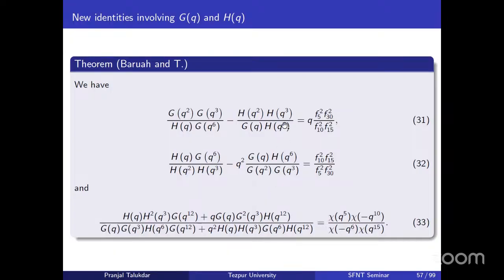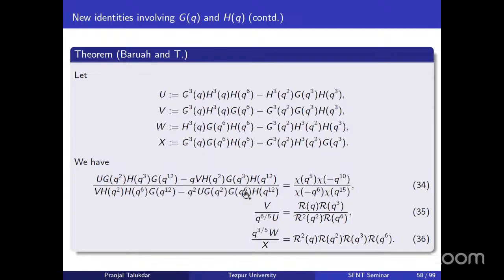In these two identities, we have connected Gq with Gq2, Gq3, Gq6, Hq, Hq2, Hq3, Hq6. Similarly, for this one, we have connected Gq, Gq3, Gq6, Gq12, and the same values for Hq also. And these three are also some new identities involving Gq and Hq.